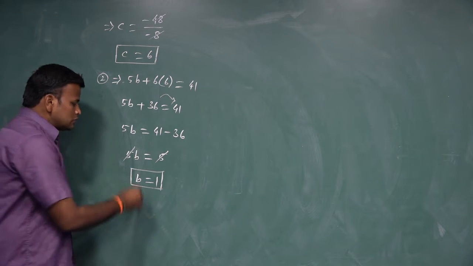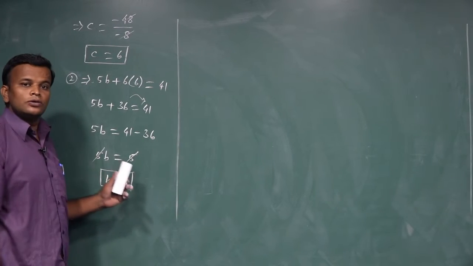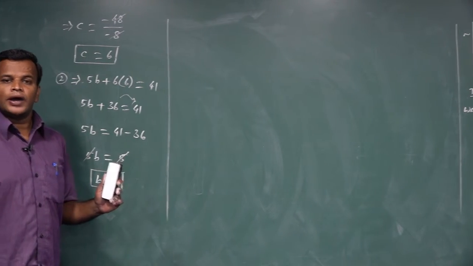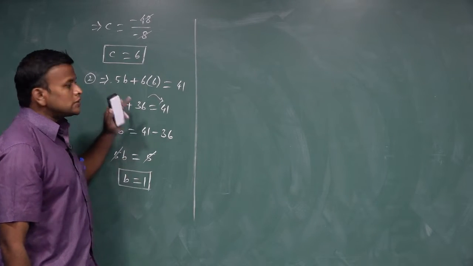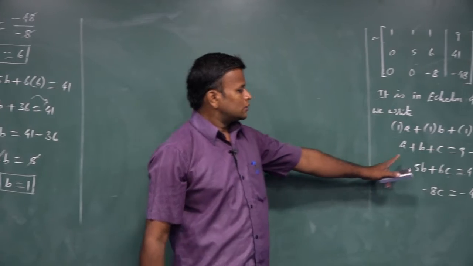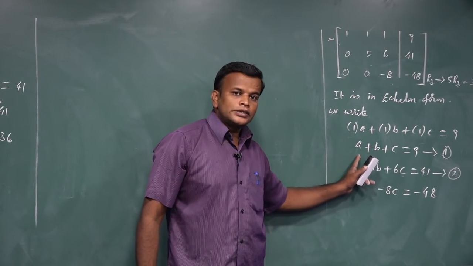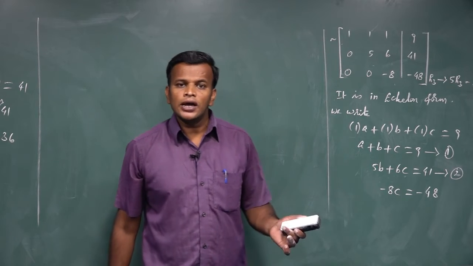The value of B is plus 1. Now we find the 2 unknowns B and C. The next step, to find the value of another unknown A. So now we use the values of B and C in equation 1. The equation 1 contains A plus B plus C is equal to 9. Now we substitute the known values.